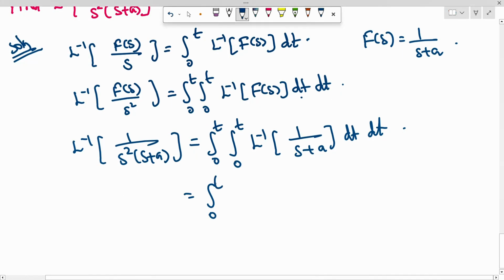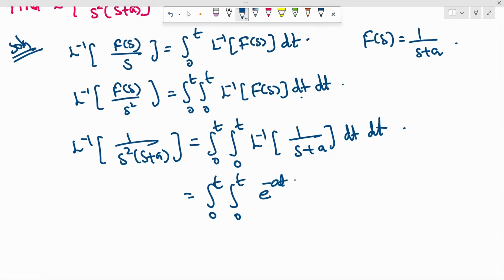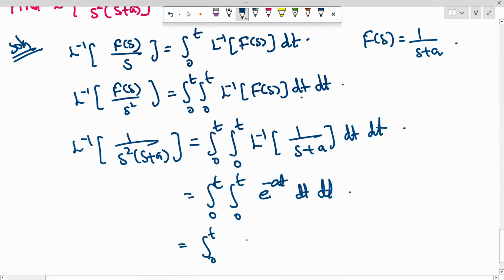Before we integrate with respect to t, first we have to apply the L inverse formula here. We know that L inverse of 1 by s plus a is e power minus at. Now integrate with respect to t, integral 0 to t.